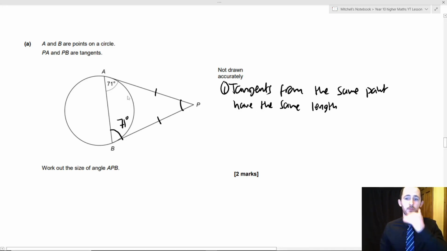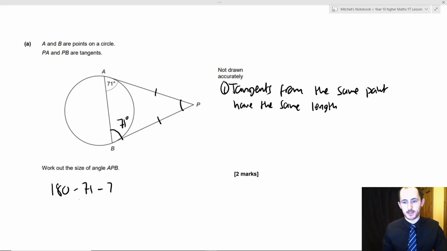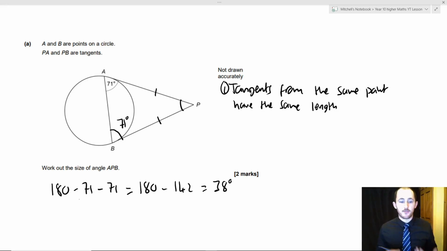So if they were to go through the circle, then they wouldn't be tangents anymore. But yeah, so these two angles are the same, they're both 71 degrees. And therefore we can easily work out what the angle at P is, right? 180 minus 71 minus 71, which is 180 minus 142 equals 38 degrees. So again, they really like to test you.